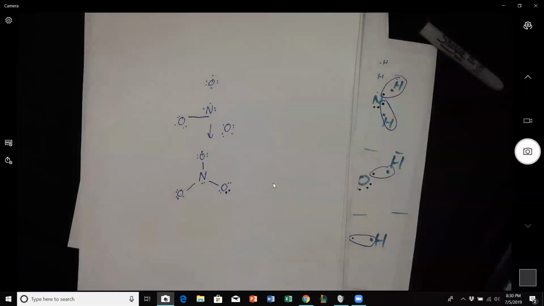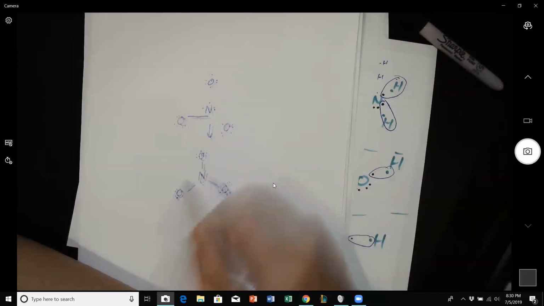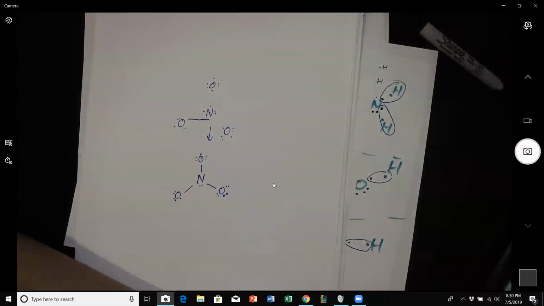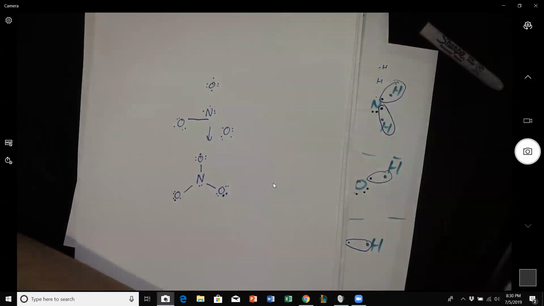Does anyone have a suggestion on how we could complete it? Consider we still have these lone pairs and they're not doing anything. What should we do with them? What should we do with these 2 electrons? Great, we need to form double bonds.